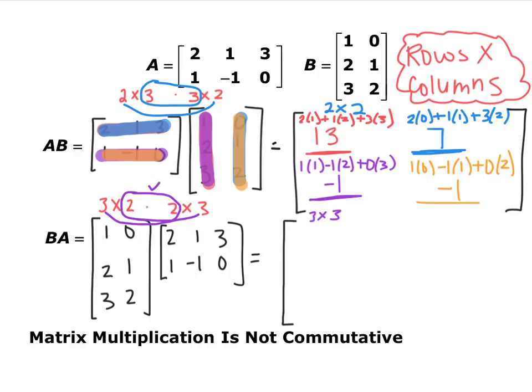Again, if we want the entry that's in the first row, first column, we're going to multiply the first row by the first column. So in this case, we have 1 times 2 plus 0 times 1, so we end up with a 2. So now if we want the one that's in the first row, second column, you're going to do the same thing.